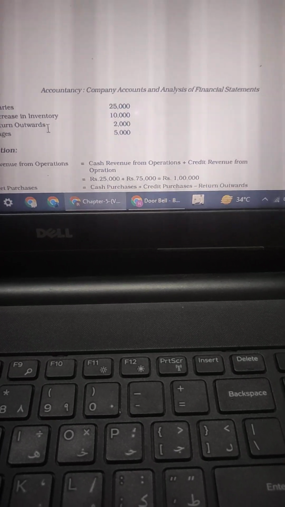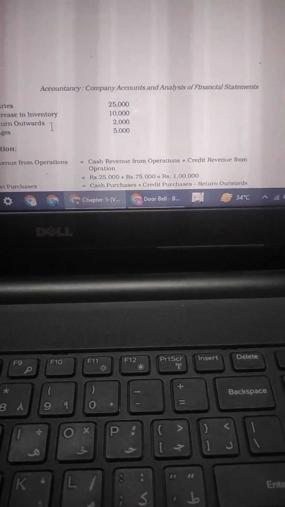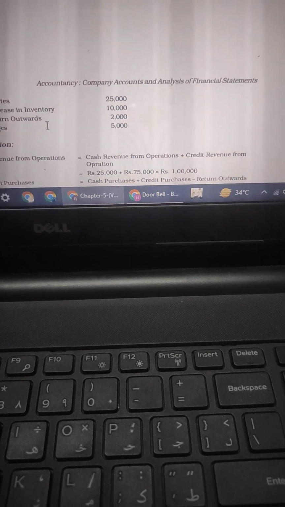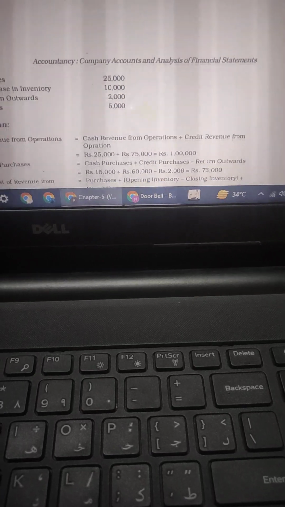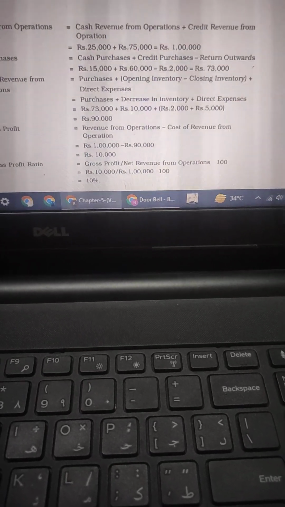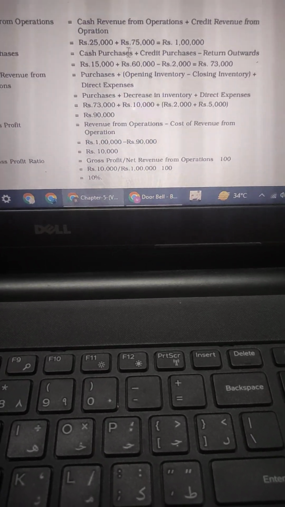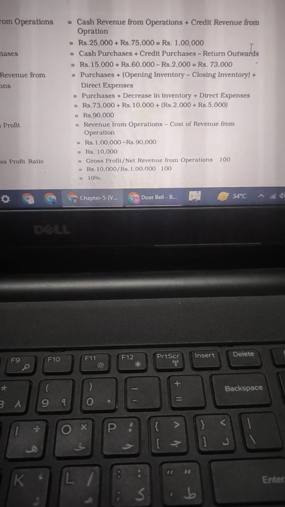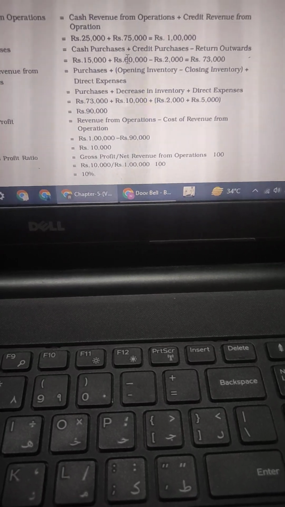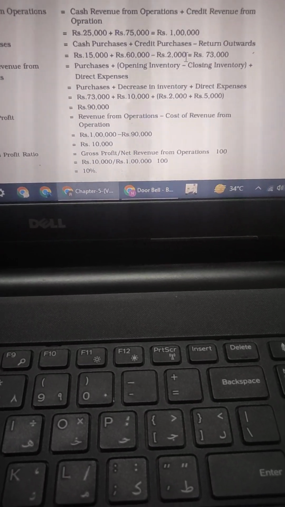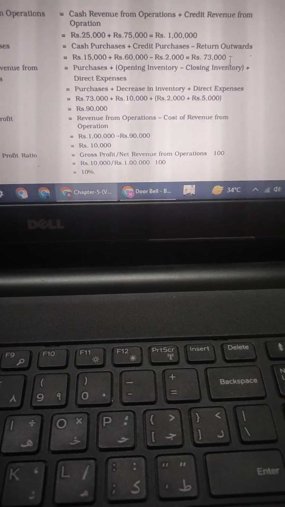So it is return outwards, going out from the business firm. So it will be reduced from the net purchase amount. So the net purchases will be cash purchases plus credit purchases minus return outwards. So that is 15,000 plus 60,000 minus 2,000 gives 73,000.